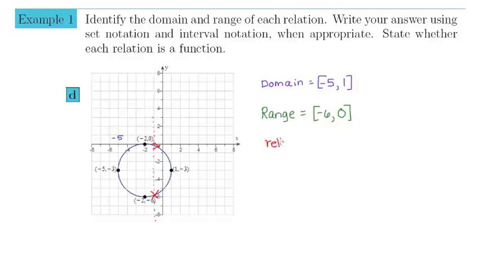So we say that this relation is not a function. And the reason it's not a function is because it fails the vertical line test. Perfect. Let's move on now and look at relations and functions in the form of equations.